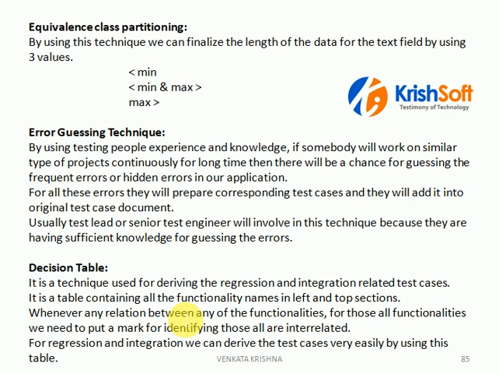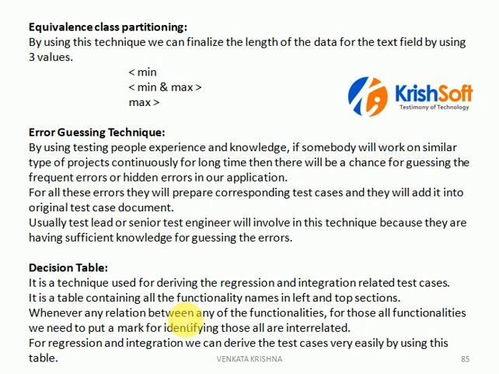Next technique in test case design techniques, the third one, is the error guessing technique. Who will guess the errors? Those who already have some knowledge and past experience can guess the errors.